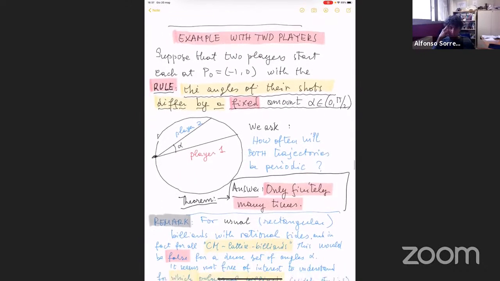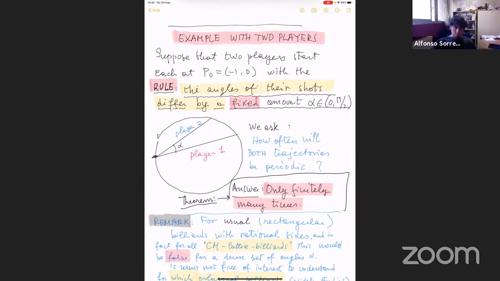Suppose the two players make these strange games, which is rather unrealistic, but we may imagine this game. So they start the two billiard shots, starting at the same point for simplicity, P naught, which is the point -1, 0 on the ellipse. And the rule is that the angle between the two directions is fixed.